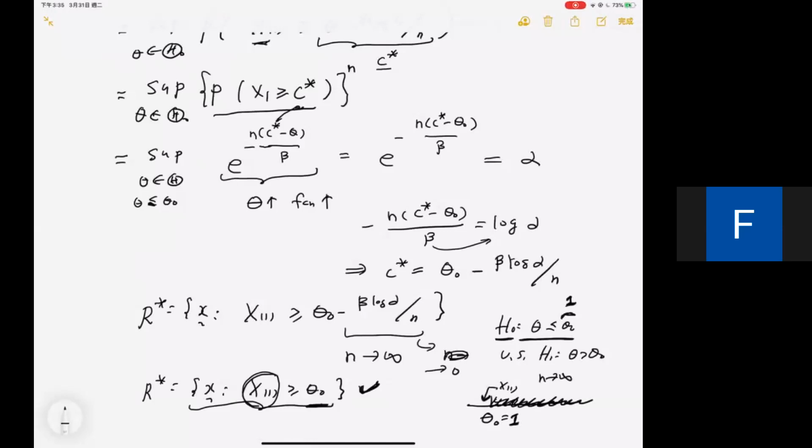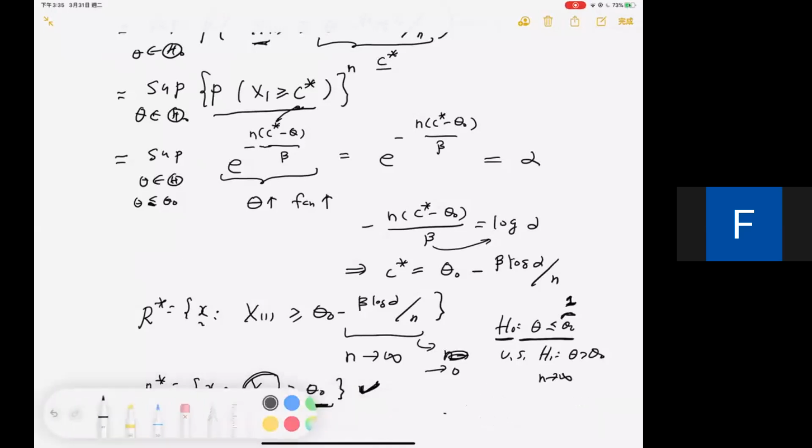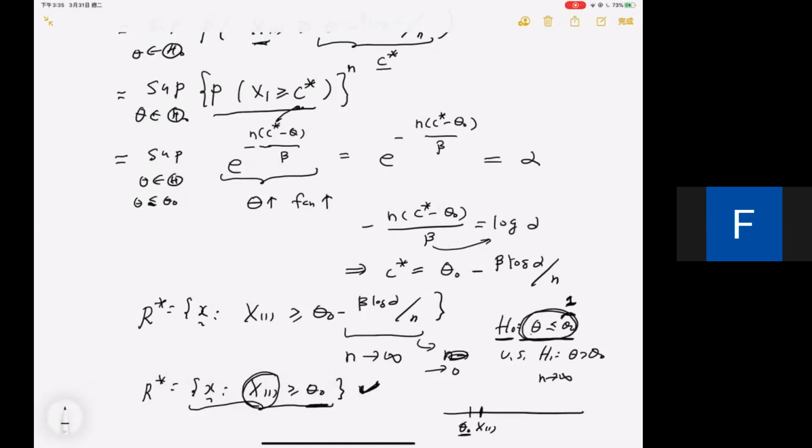Oh, sorry about that, it's a really lousy graph. Because you observe everything, as long as your x1 is bigger than theta 0, then I'm going to say your null hypothesis is not going to happen, right? That means you observe everything, so x1 is basically what?